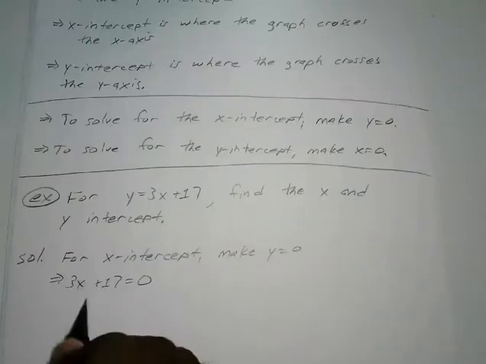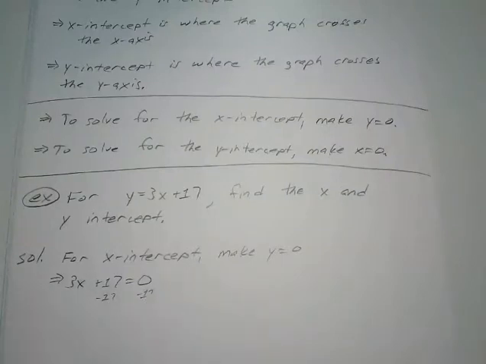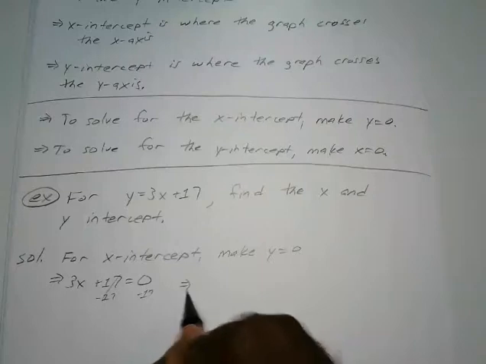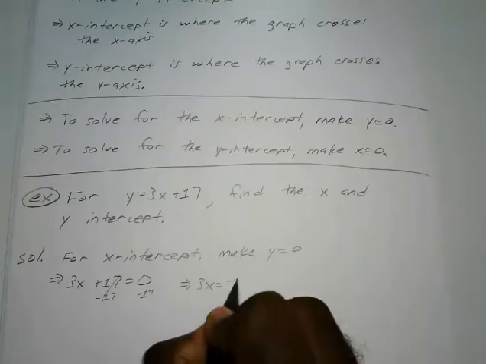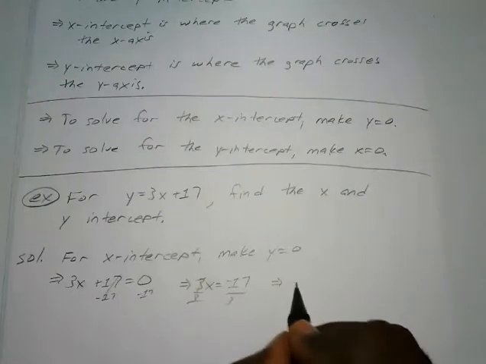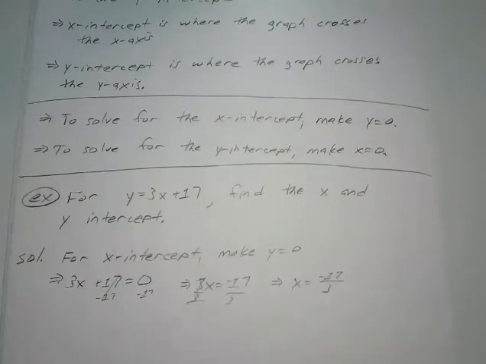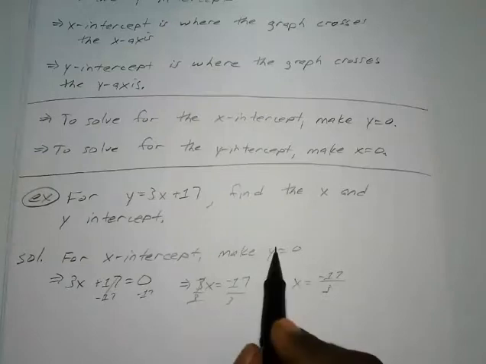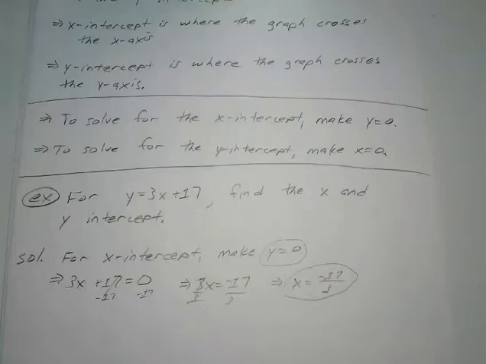So now we solve for x. If we subtract 17 from both sides, that gives us 3x equals negative 17. Now if we divide both sides by 3, we have x equals negative 17 over 3. So now we have our y is equal to 0, x is equal to negative 17 over 3.